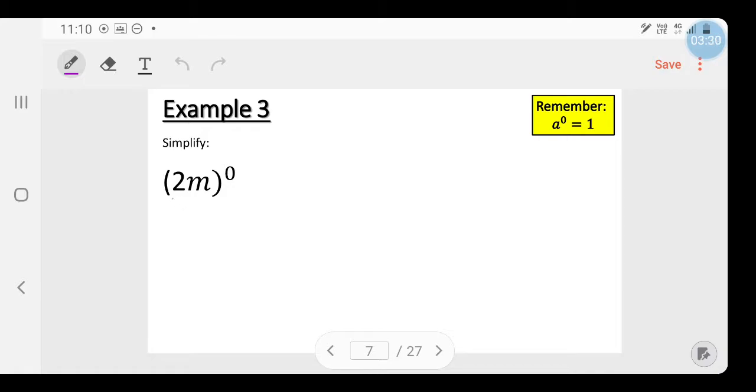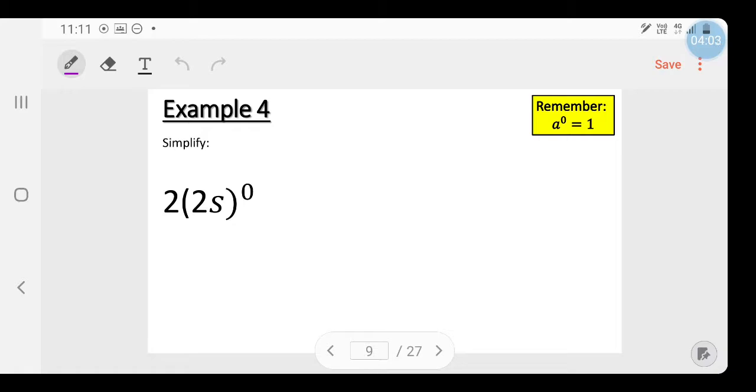Now we have a 2 and a variable, but they're both inside some brackets. And the power of 0 is outside the brackets. These brackets make the thing that they contain a single item. And that single item is raised to this power of 0. So this equals 1. Okay, what about this?